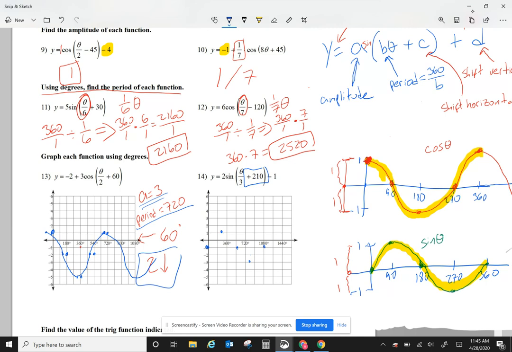So let's see, let's move this point. Let's move this point right here. Let me move it in red. I'm moving it 210 degrees to the left.